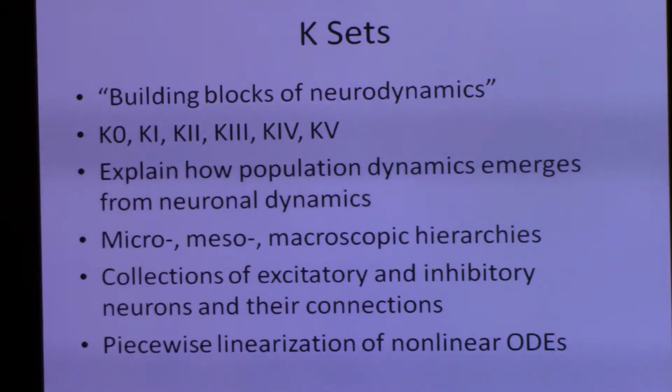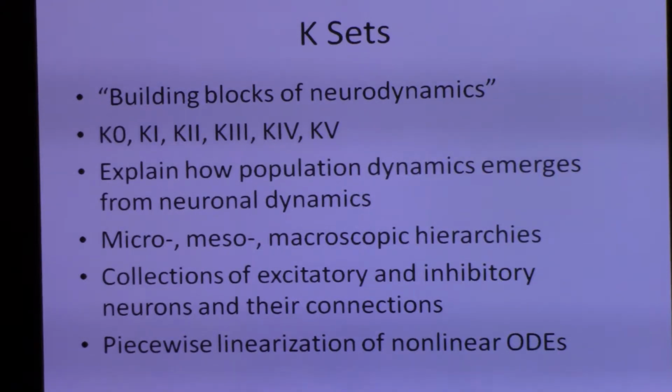Okay, now that was the review, and I promised to say some things about K-sets, which I can do. Freeman called these the building blocks of neurodynamics and how brains make up their mind. He never used the term K-sets, and in fact, I had to figure out what he was talking about in that book that referred to K-sets; it was almost like a puzzle.